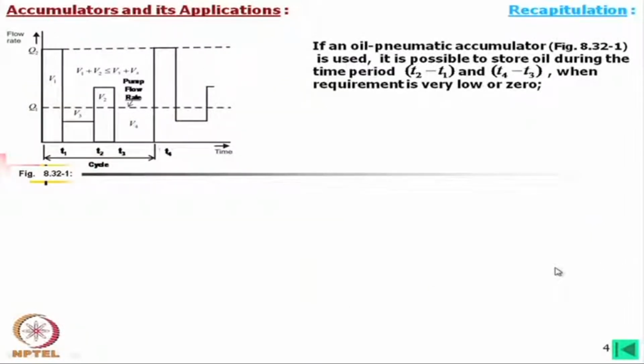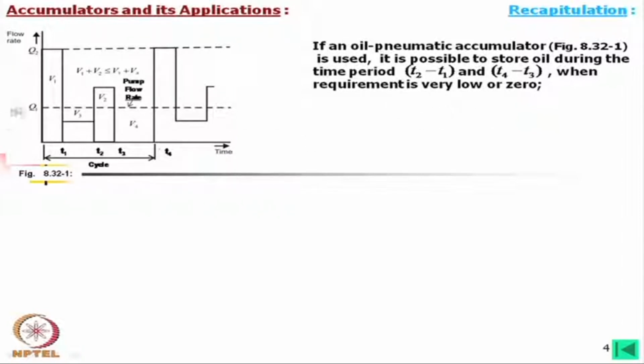Next, if you recapitulate our knowledge, when an accumulator is used, usually there will be a pump of low pressure, low flow Q1, and the excess volume, if it is required for a short period, is supplied by the accumulator.